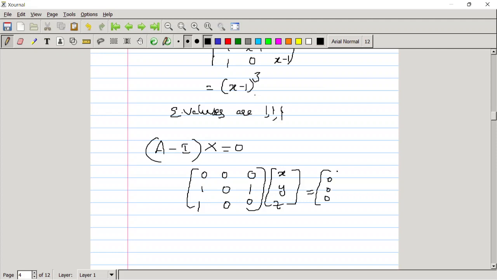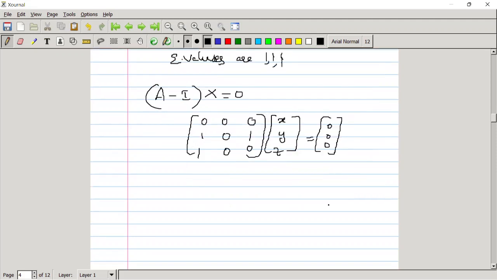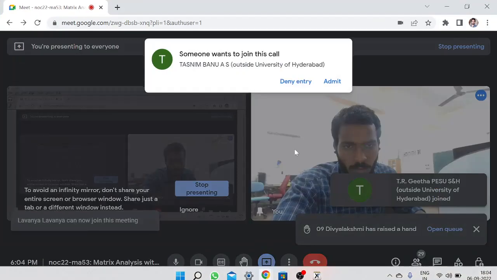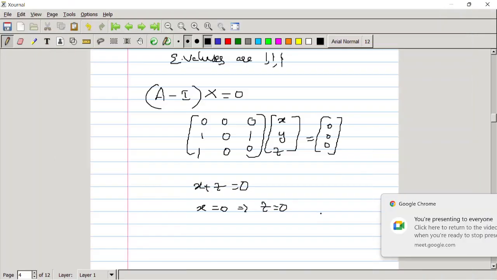By solving these three equations, we get one eigenvector. From the second row we get x plus z equal to 0. From the third row we get x equal to 0, which implies z also equal to 0. We have no information about y, so we consider y as 1.